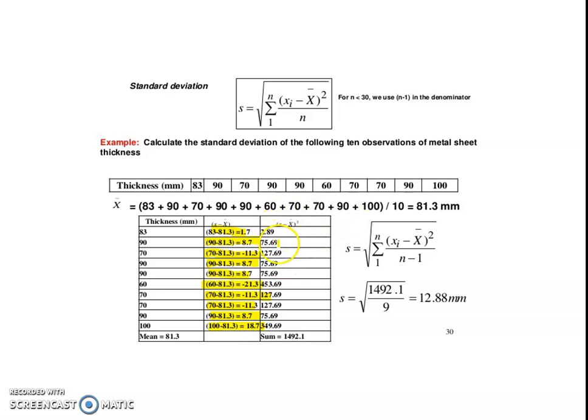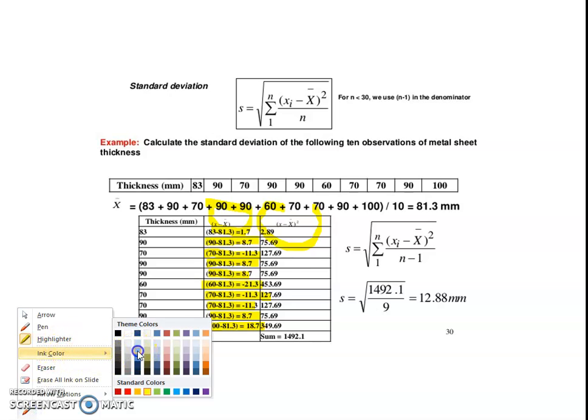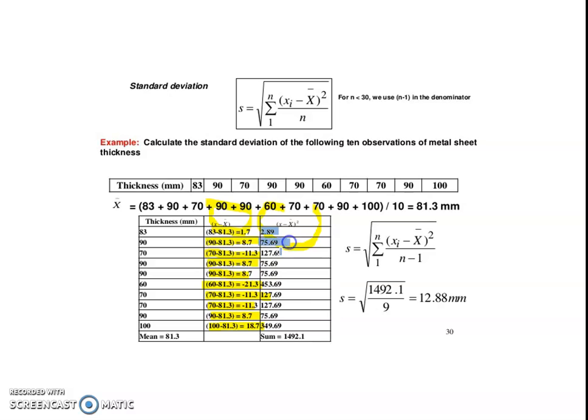Now we take the squares of these: 1.7 bracket square is 2.89, then 75.69, 127.69, 75.69, 75.69, 453.69, 127.69, 127.69, 75.69, 349.69.